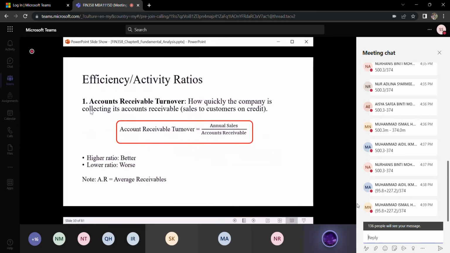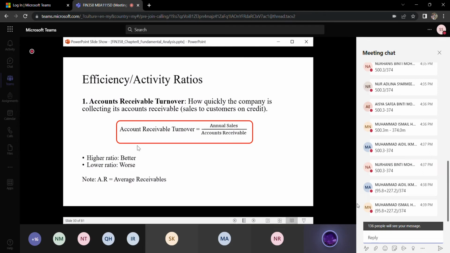Right, next we calculate the activity ratio or efficiency ratio. First one is account receivable turnover. How quickly the company is collecting account receivable, so how fast the company collects debts from customers. So we have annual sales divided by account receivable.